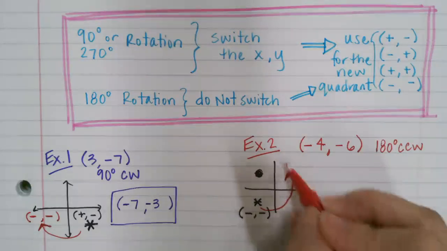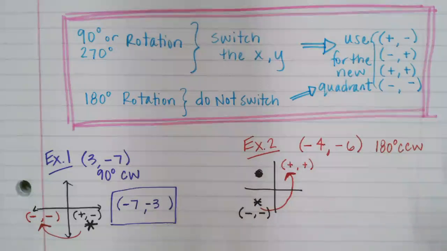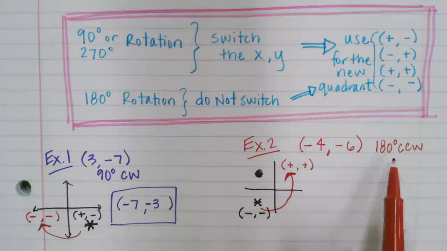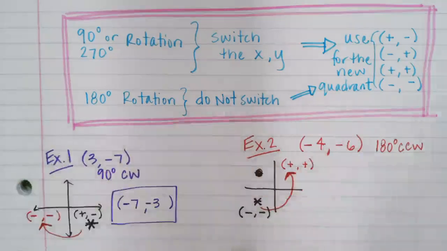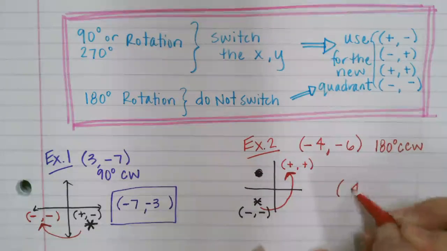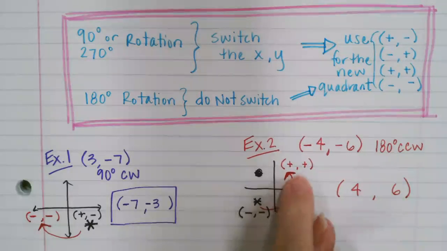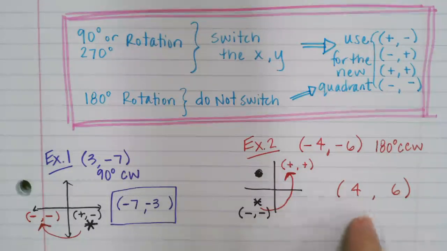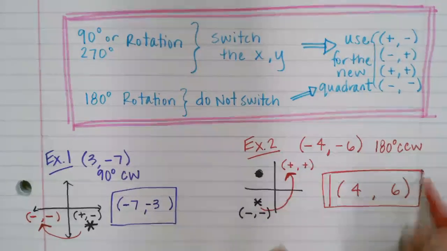And the points in this quadrant are positive, positive. Since I did a 180 degree rotation, I'm not switching the numbers. So it's going to stay 4 and 6. But they're going to end up being positive, positive. So there's my answer right there.